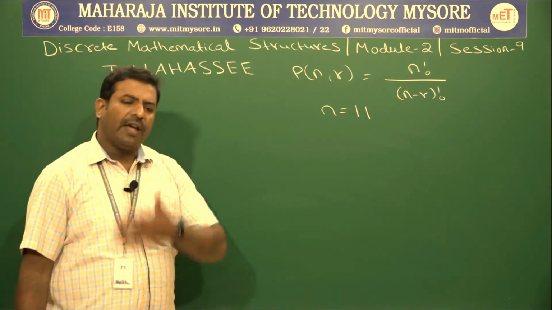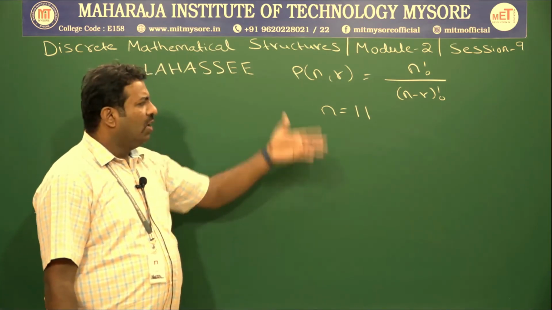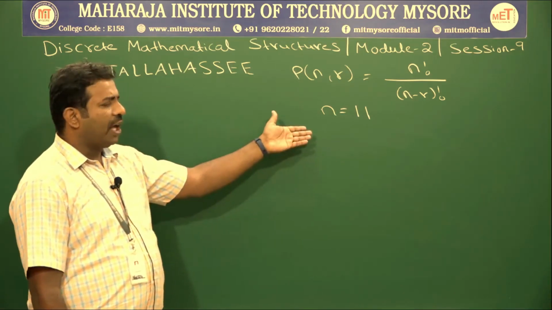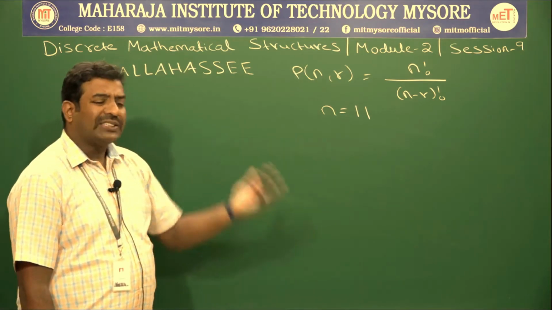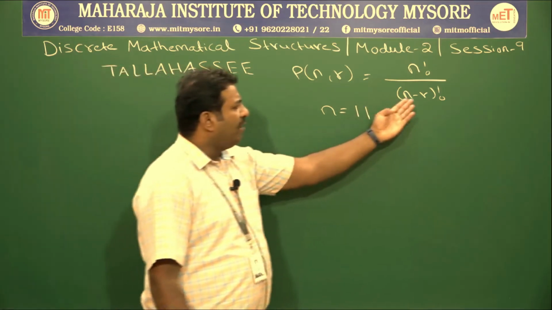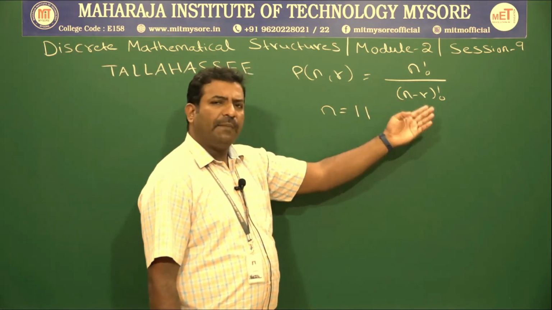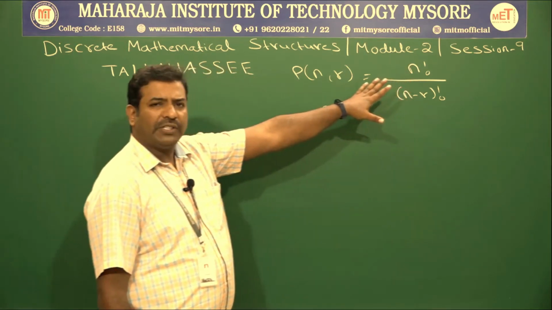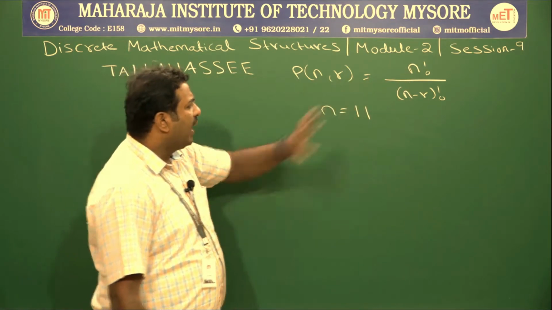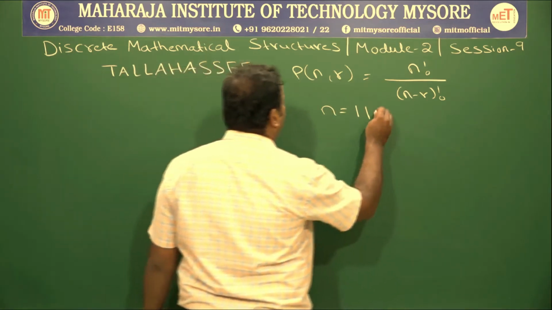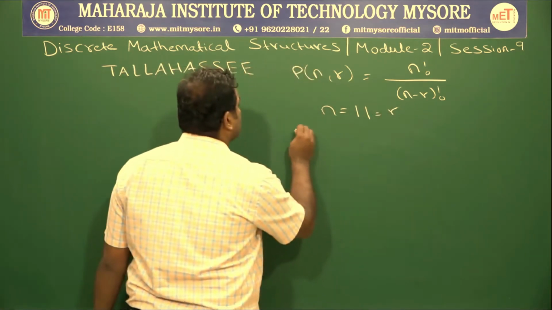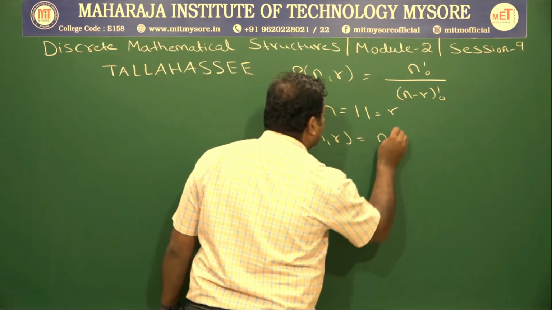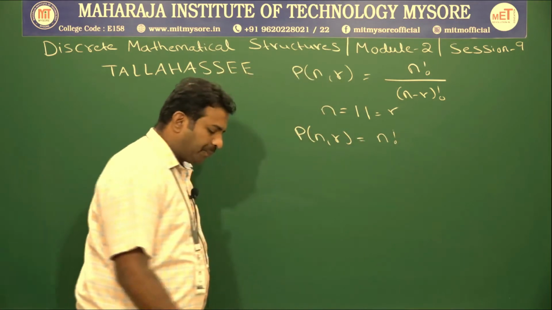It's not given, so I need not bother about R; R will be the same as N. Whenever N and R are the same, N minus R is 0, and 0 factorial is 1. Hence P of N comma R is just N factorial.